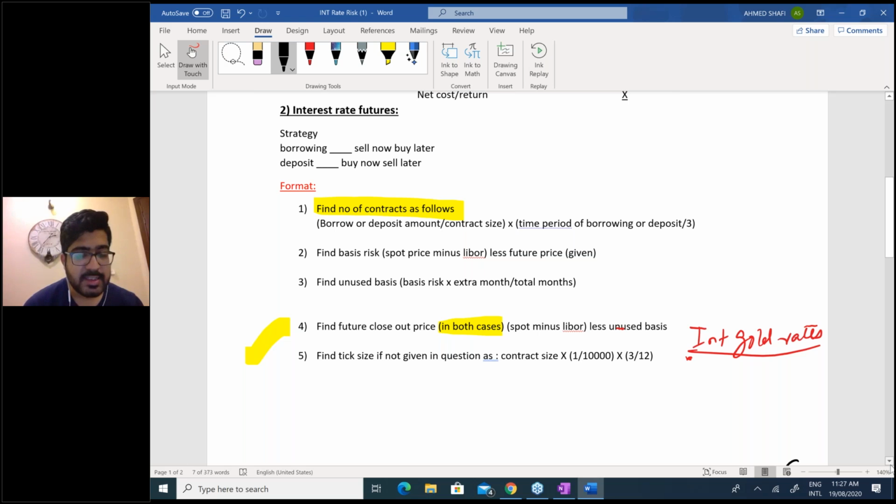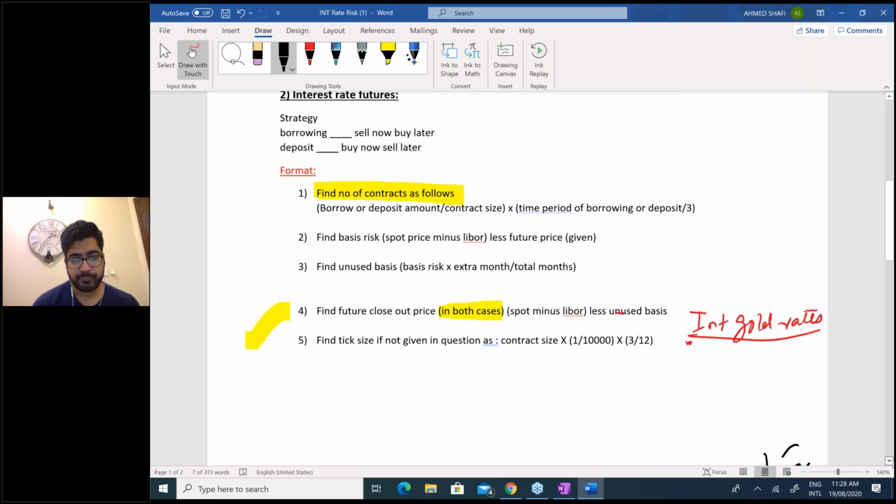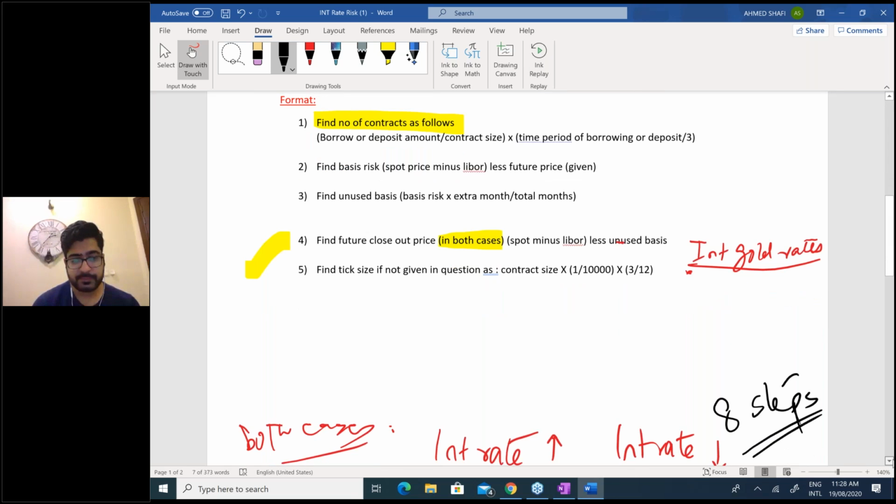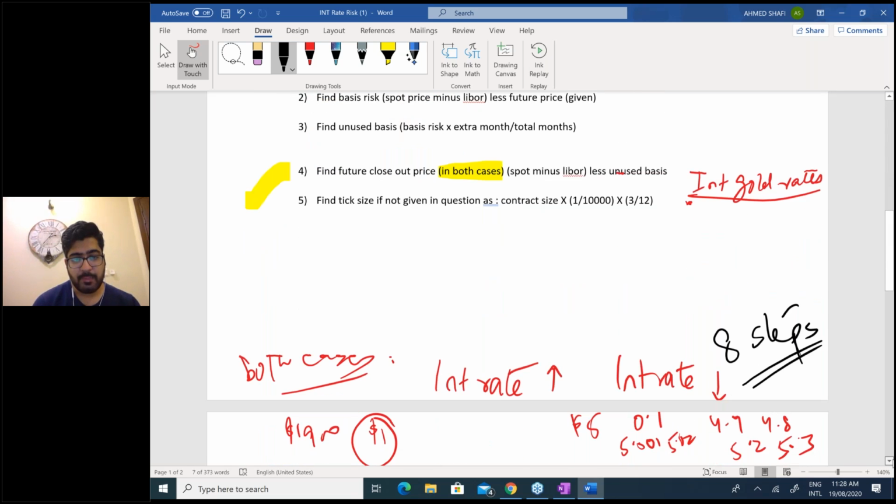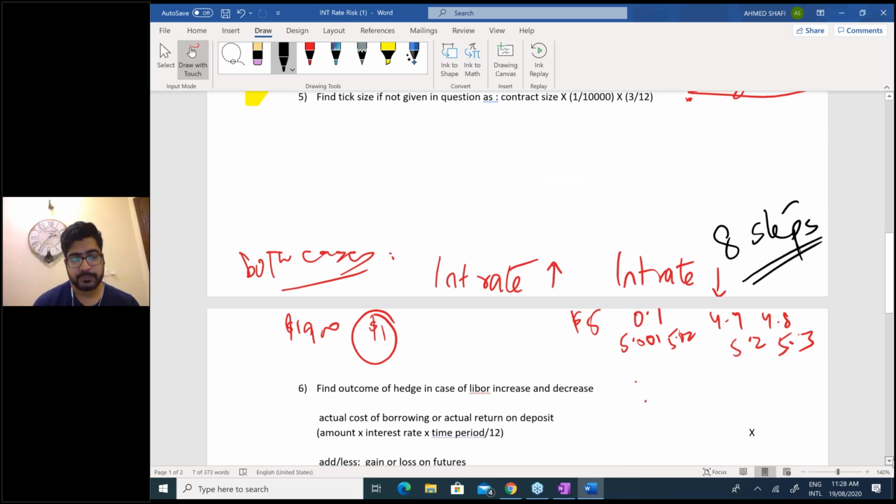Then it's unused basis risk into extra months over total months. Then future closeout price, in both cases increase, decrease, spot minus LIBOR less unused basis. Then tick size if not given in the question. Then the most important step: outcome of hedge in LIBOR, increase, decrease.